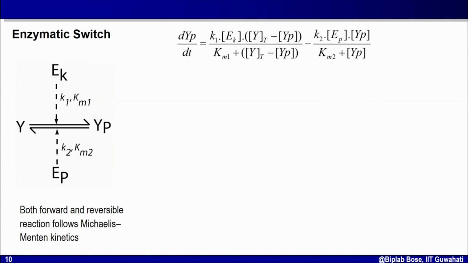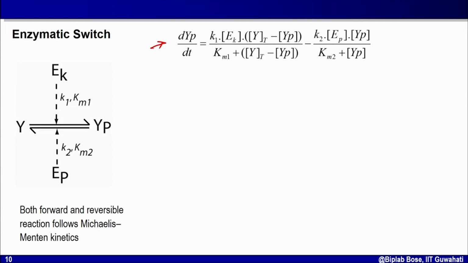So let us clean it a bit. What I have is an enzymatic switch, which is a motif present in an enzymatic cascade. Y is becoming YP by a kinase Ek and it is getting dephosphorylated by EP. Both are following Michaelis-Menten kinetics and I get an ODE like this which represents the rate of change of YP with respect to time.